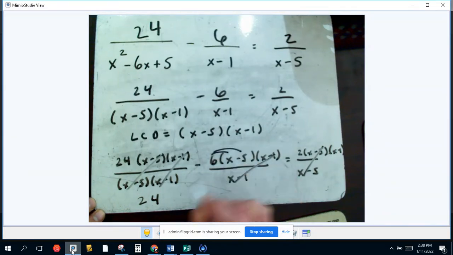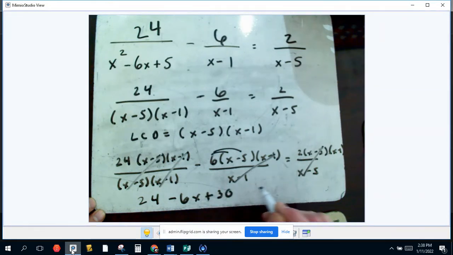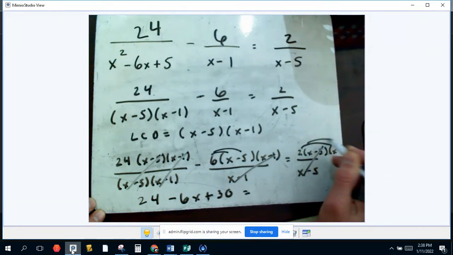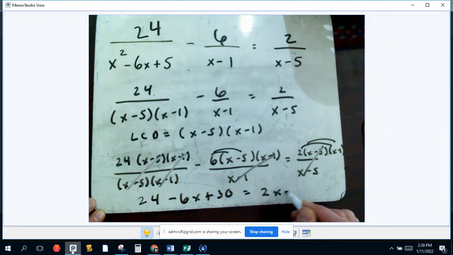And then we're going to distribute, and distribute here. Now I'm going to finish this on another board.